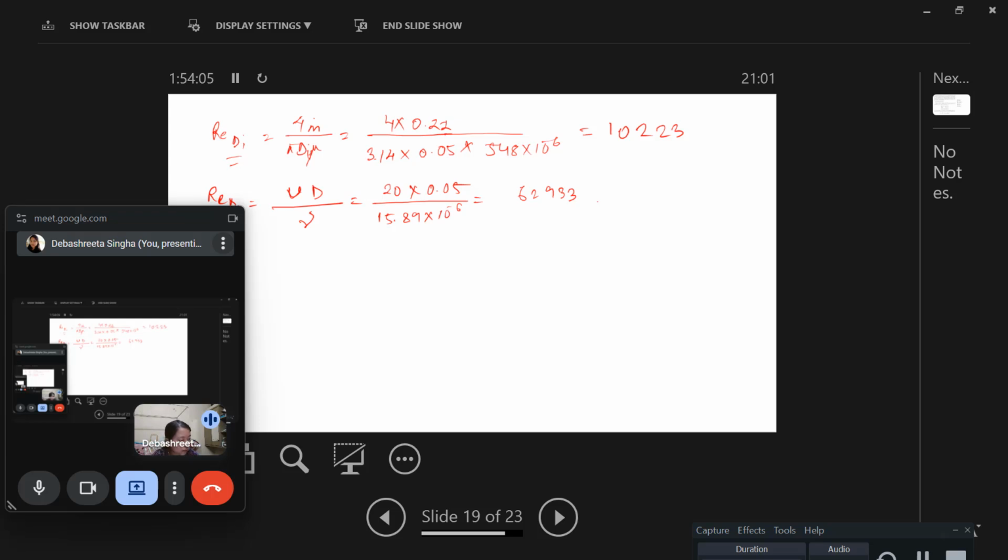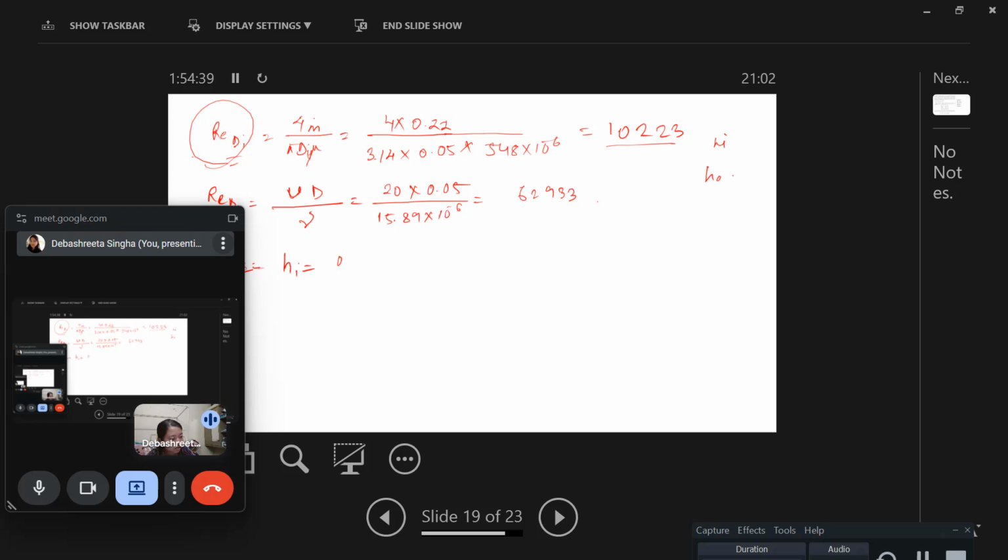Now we have to calculate the respective h for the inner and outer fluid, h_i and h_o. For inside the tube, since the flow is turbulent, we can calculate it from the Dittus-Boelter equation, that is Nu_D, or directly you can calculate h_i.